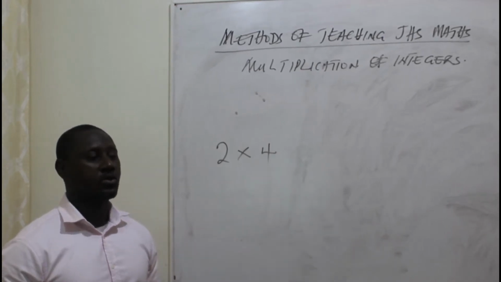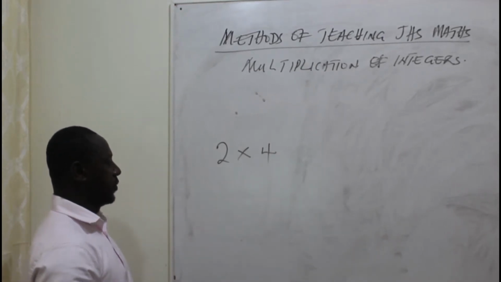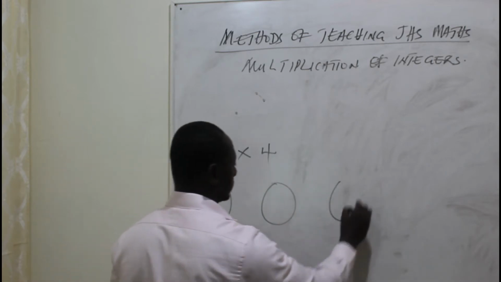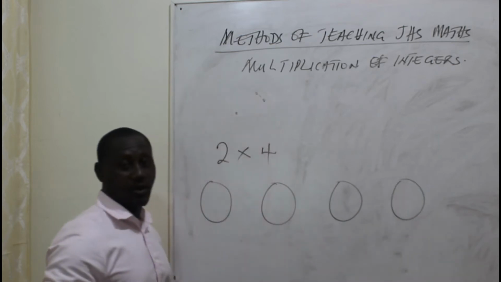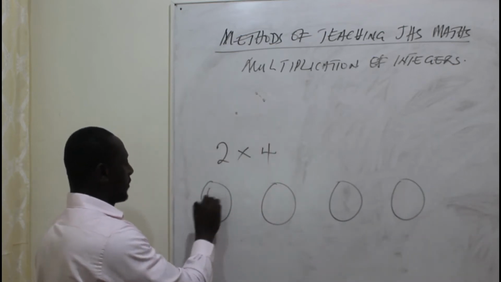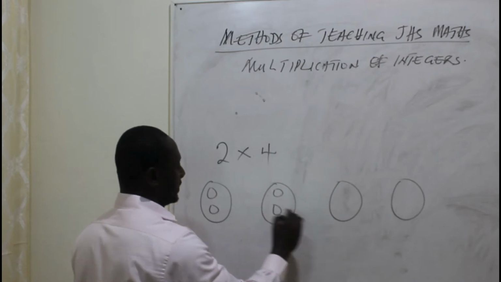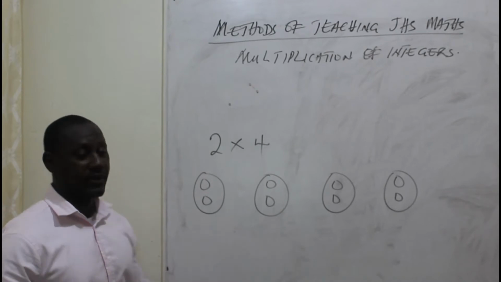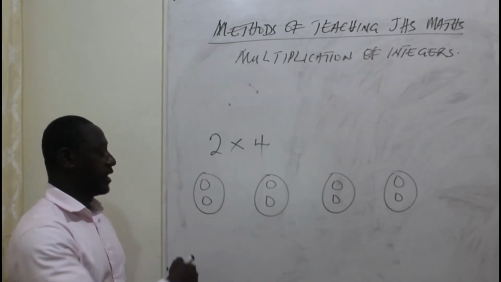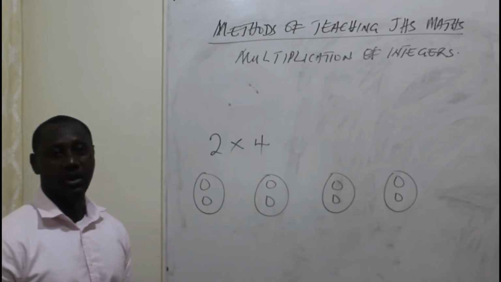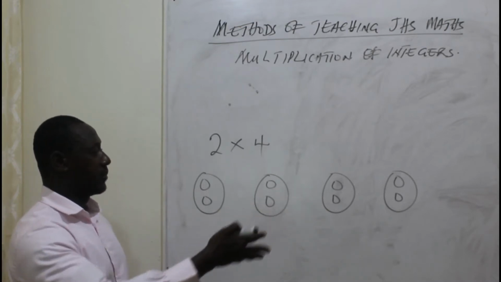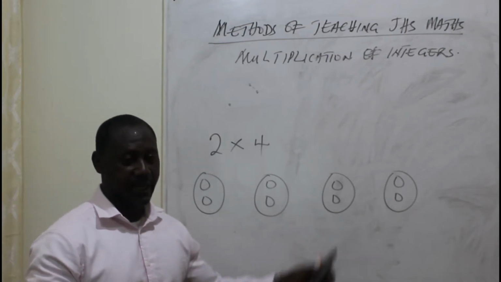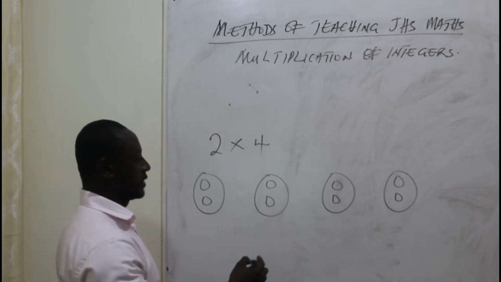Which means that we are going to have 4 groups, but in each group, we're going to have 2 objects in it. So when we are done with that, we can count the number of objects found in the 4 baskets, and we see that it's going to get us 8.